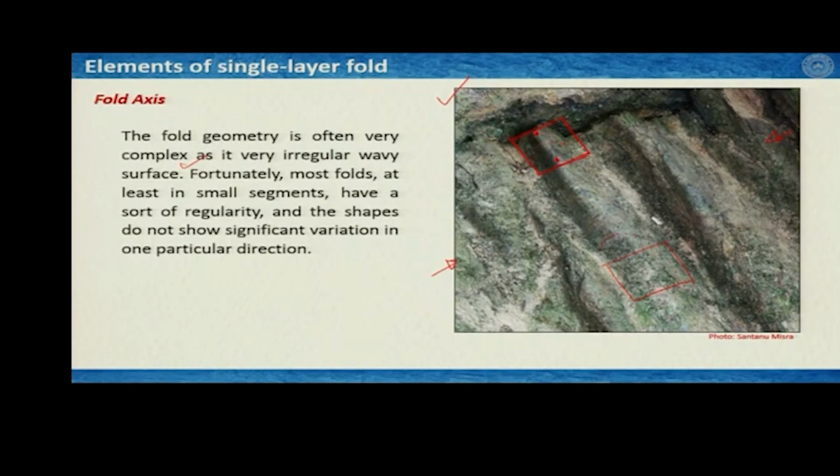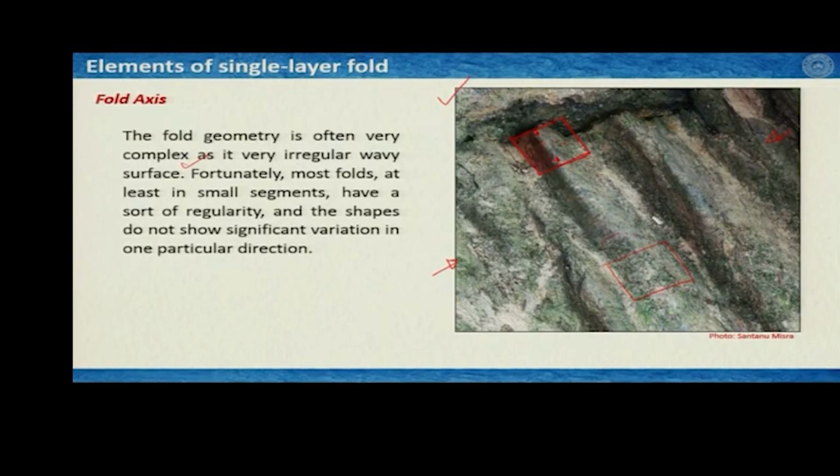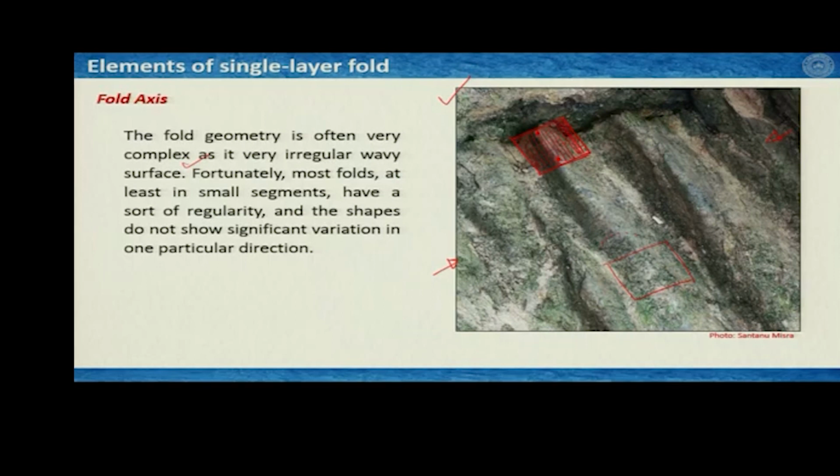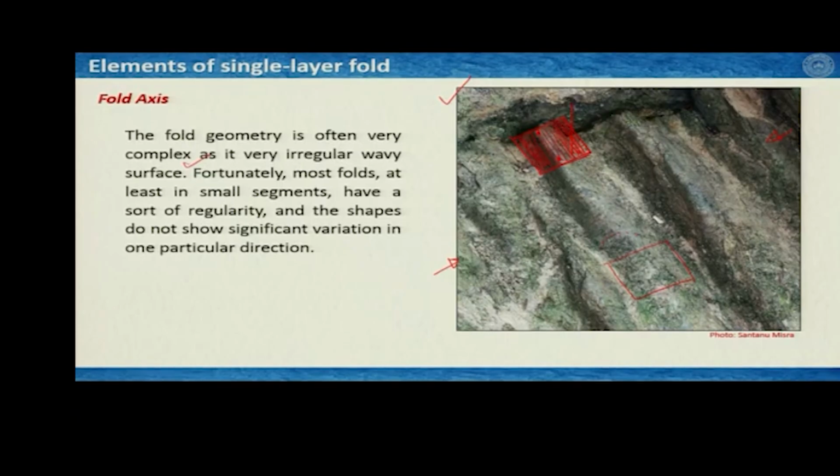So, I have a series of lines that I can draw on this folded surface, which is curved. Remember, I am drawing this on the plane, so it appears like this, but these are actually curved, folded. I am drawing individual lines around the folded surface.